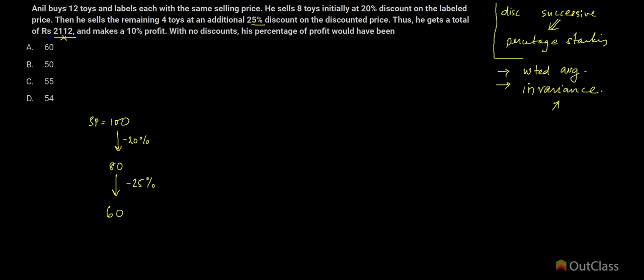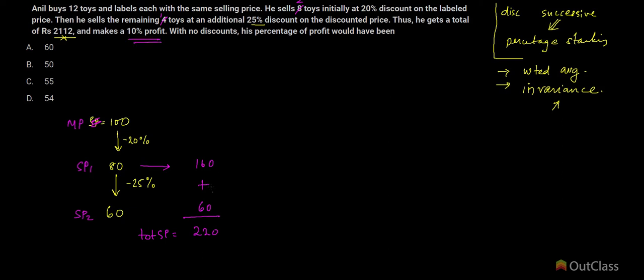So instead of saying 12 toys and splitting them as 8 and 4, I'm gonna simply take it as 2 and 1. So he's selling 2 of them at 80 rupees and 1 of them at 60 rupees for a total SP. Let's call this the MP, the undiscounted price. This is SP1 and SP2. Total SP of 220 rupees for 3 toys.